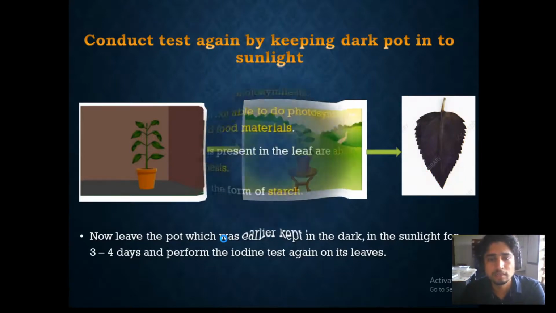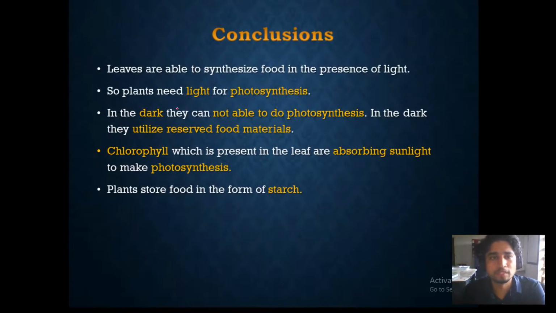So what do we conclude from this? We can conclude that leaves are able to synthesize their own food in the presence of light. So they need light to make their food. Plants need light for photosynthesis. In the dark, they are not able to do photosynthesis.